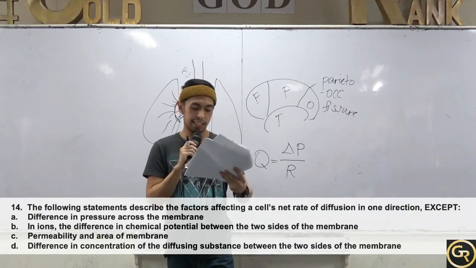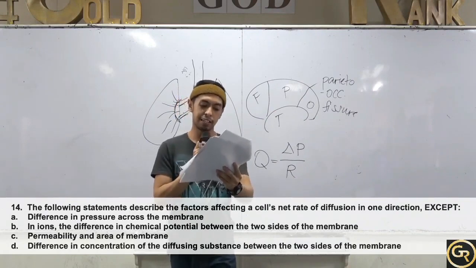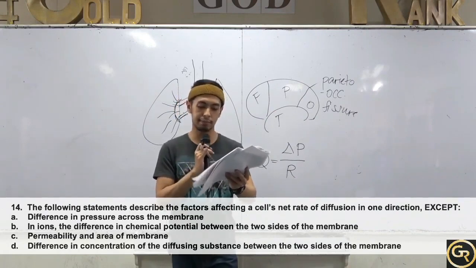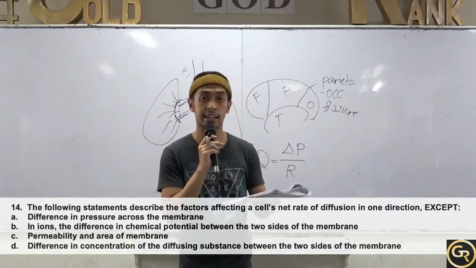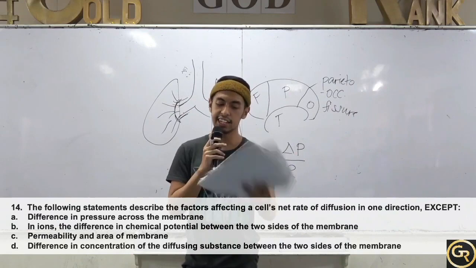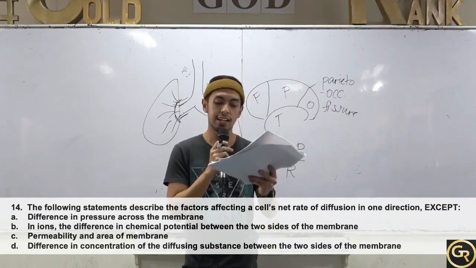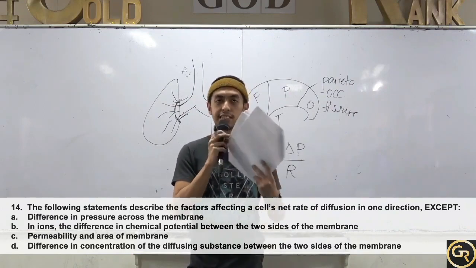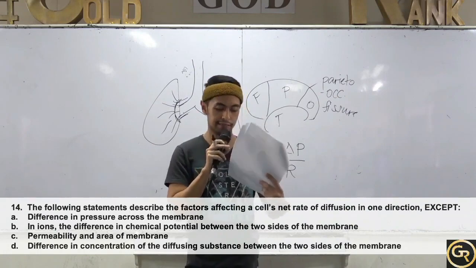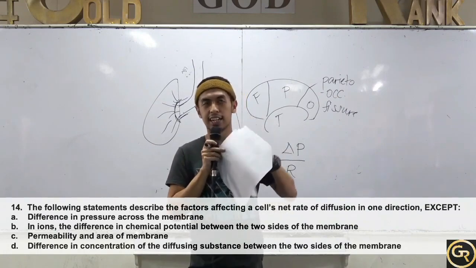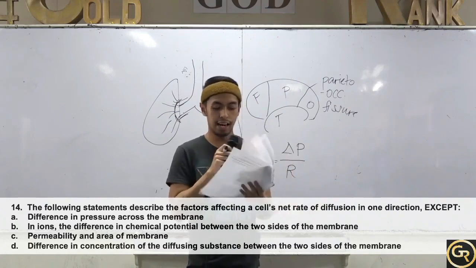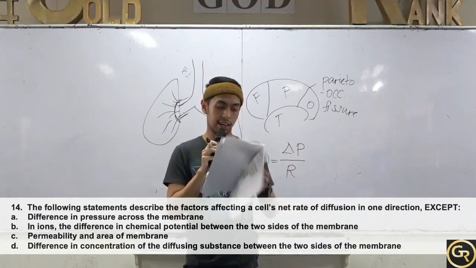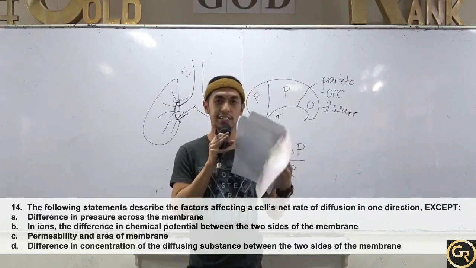So if we're going to restate this, in ions, the difference in electrical potential between the two sides of the membrane. It should be electrical, not chemical. So for number 14, it's letter B.